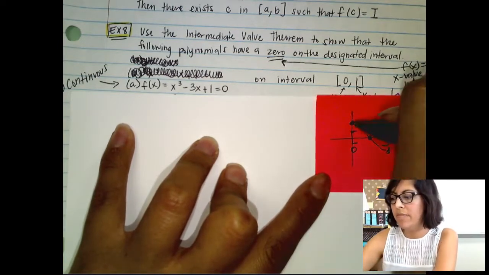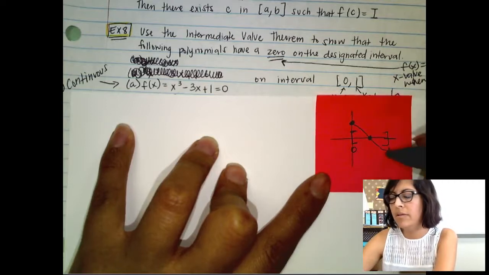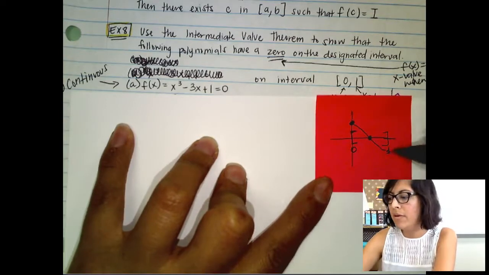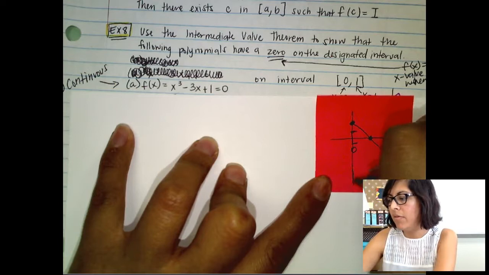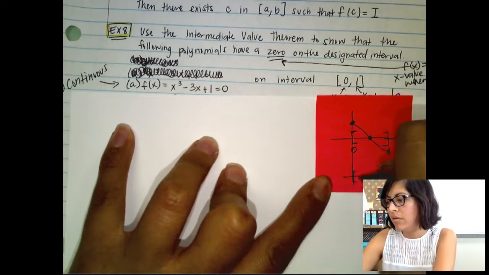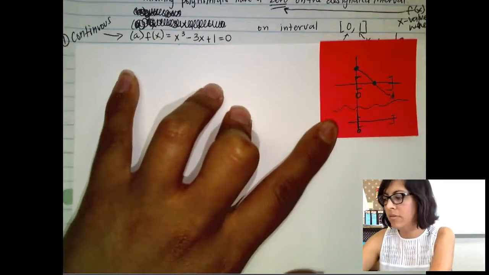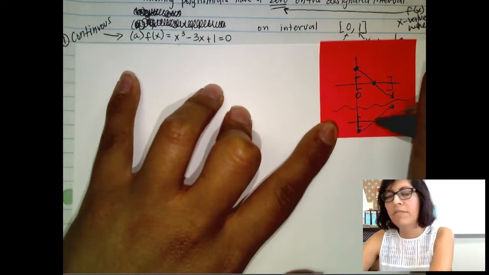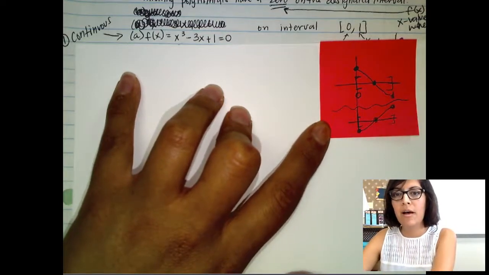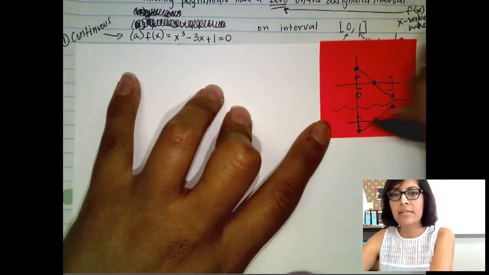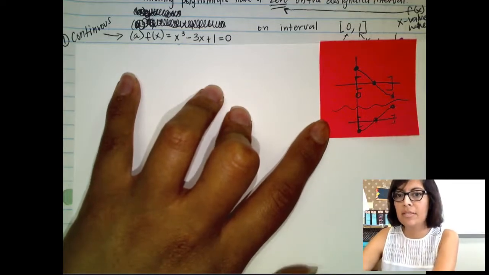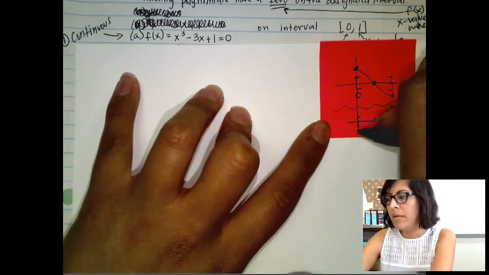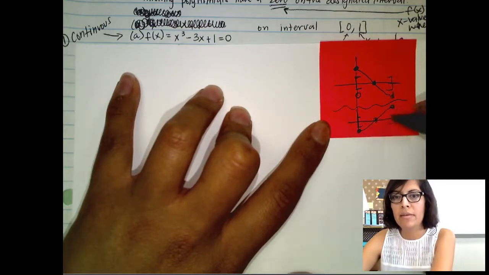So it's either going to have to go from a positive value to some negative value, or from some negative value to some positive value, in order for it to cross the x-axis, the point where f of x is equal to 0. So we're going to be comparing our y values at the endpoints.